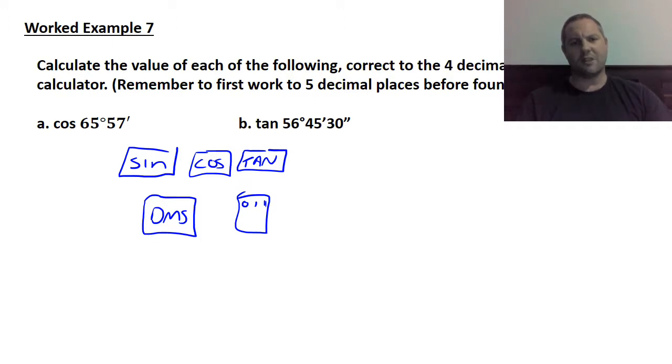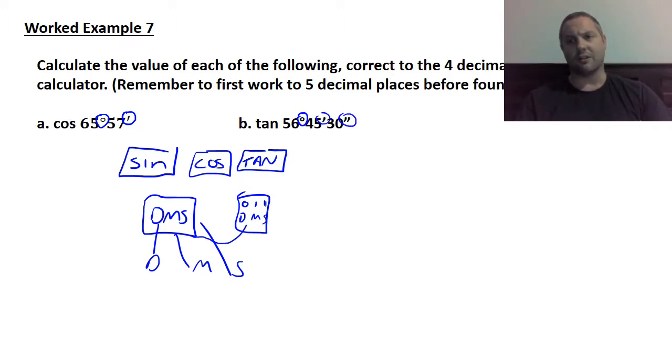These basically are the same thing. It's representing the degrees, the minutes, and the seconds, all to do with angles. As you can see up in the question, cos 65 degrees, 57 minutes. Here we have degrees, minutes, seconds. You need to have these on your calculators in order to do it properly.